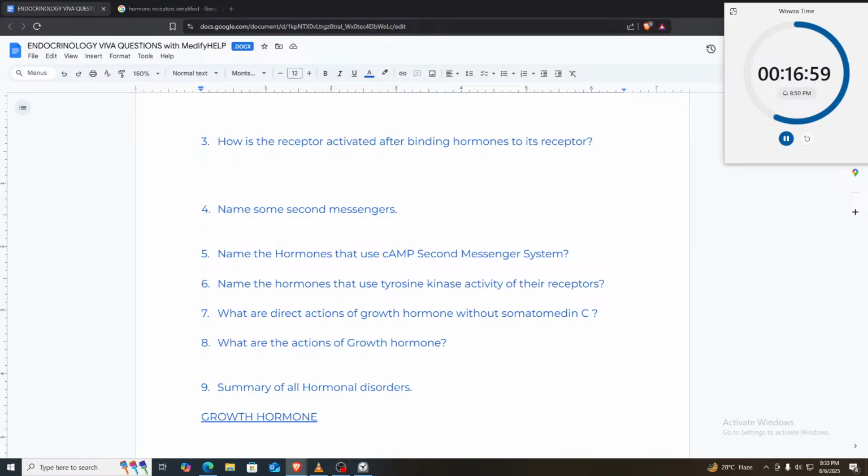So different receptors for different types of hormones, and of course they tend to act accordingly. Every answer starts with literally it depends on the type of receptor and of course on the type of hormone, right?